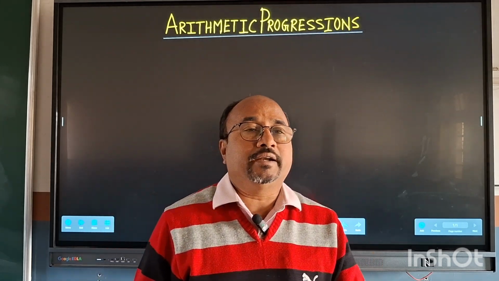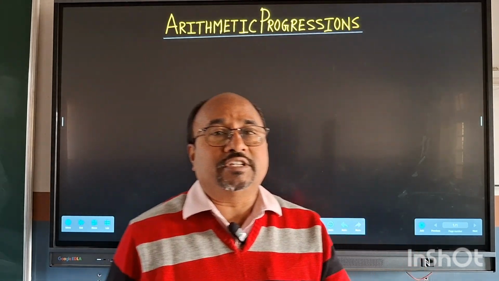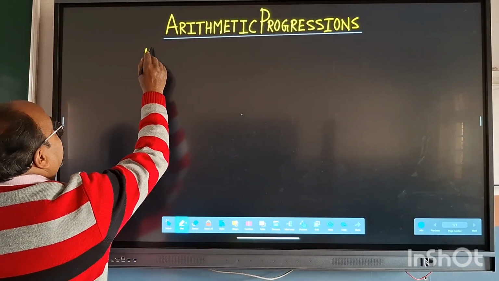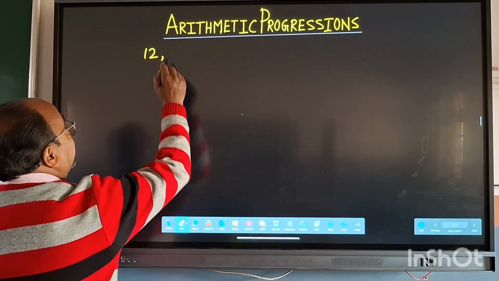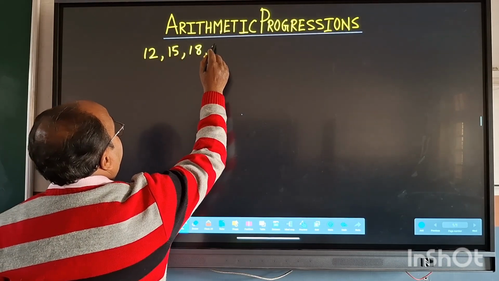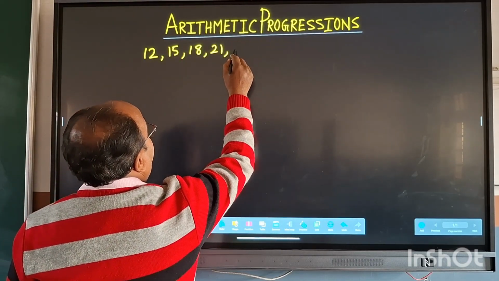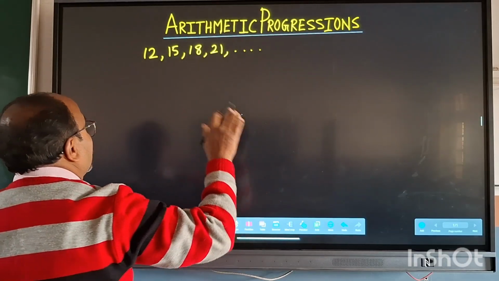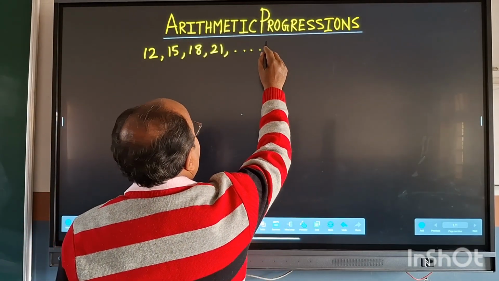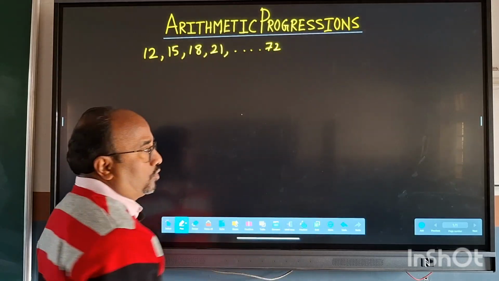So let me write a sequence which is arithmetic progression. So for example, if I start with a number 12 and then I write a 15, then I write 18, 21 and so on. So think I come to a last number as 72.